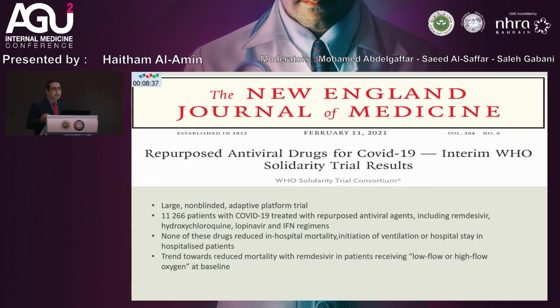Unfortunately, these findings were not replicated in a larger trial done by the World Health Organization through the Solidarity platform, in which they found that there was no real benefit of using remdesivir as opposed to the placebo.